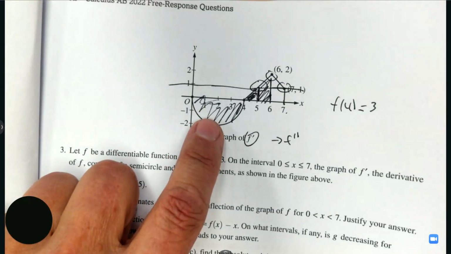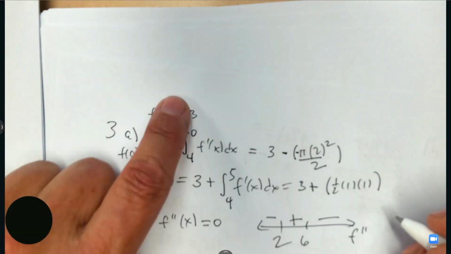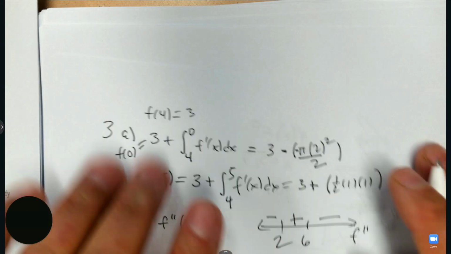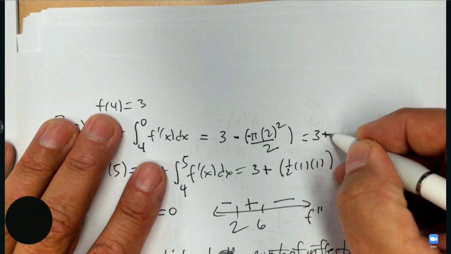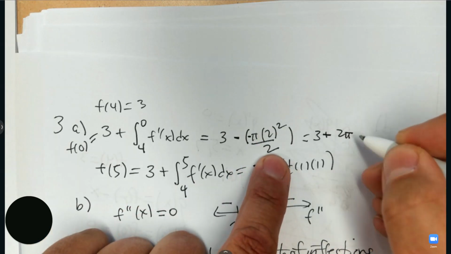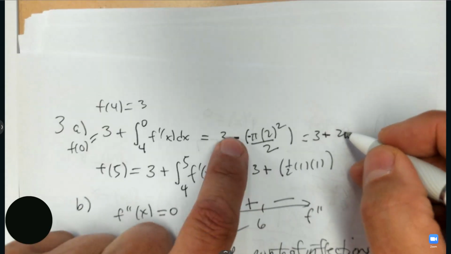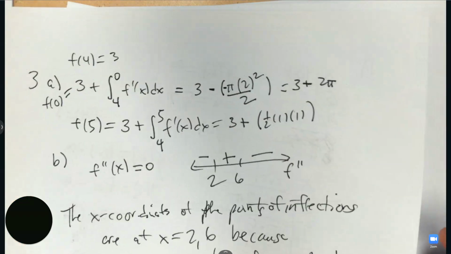So here the area is negative, and it's improper, so it's a negative and a negative. I would have had it wrong. If I simplify, a negative and a negative is a plus, and then 4 divided by 2, this is actually 3 plus 2 pi, because it's improper and because the area is below. So I can correct myself. This is 3 plus 2 pi.